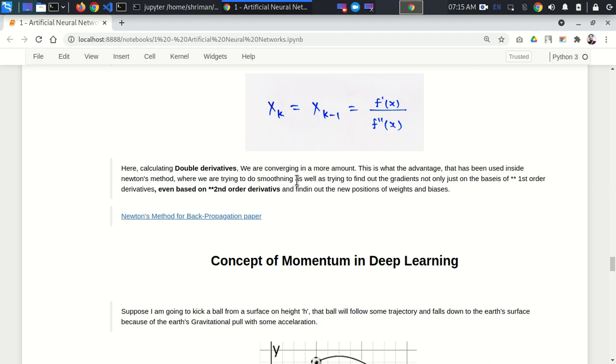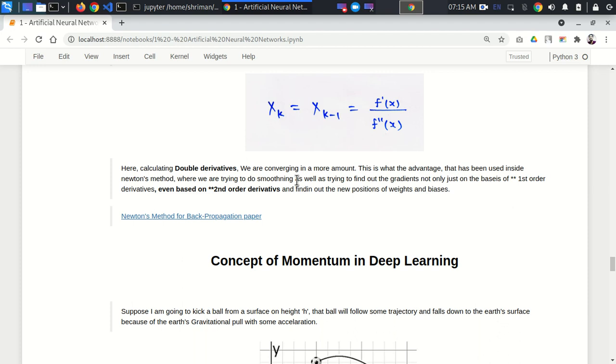So guys, whenever we talk about AI, there is no hard and fast rule. You can try to implement each and every way you think of, but unless and until that particular experiment gives you a fruitful result, you can't include it, right? Newton was doing the same thing.